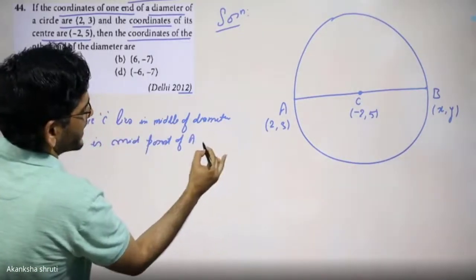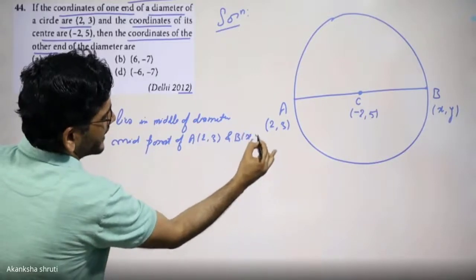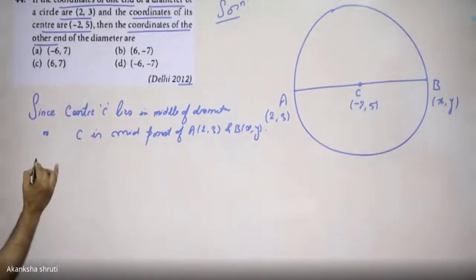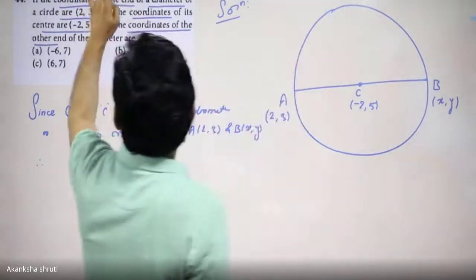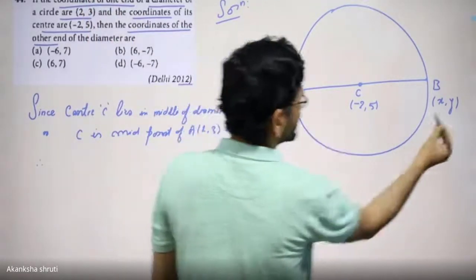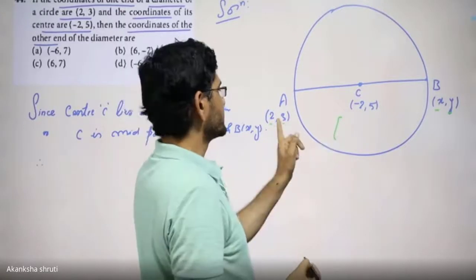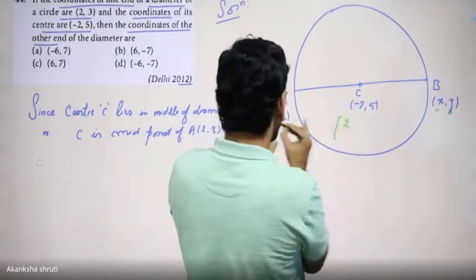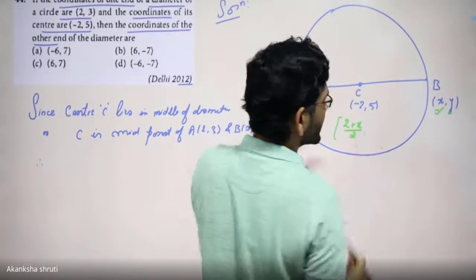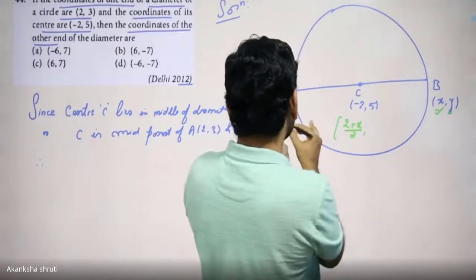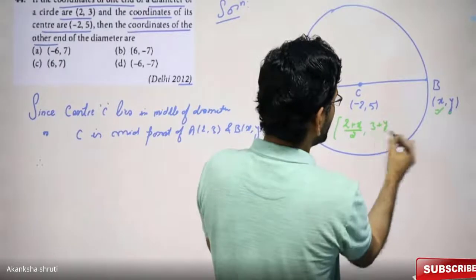The coordinate of A we may write as (2, 3), and B, which we want to calculate, we have taken as (x, y). Therefore, applying the midpoint formula, the midpoint of A and B is calculated by the x coordinate of A plus the x coordinate of B, that is x, divided by 2, comma, and the y coordinate of C is given by the y coordinate of A plus the y coordinate of B, by 2.